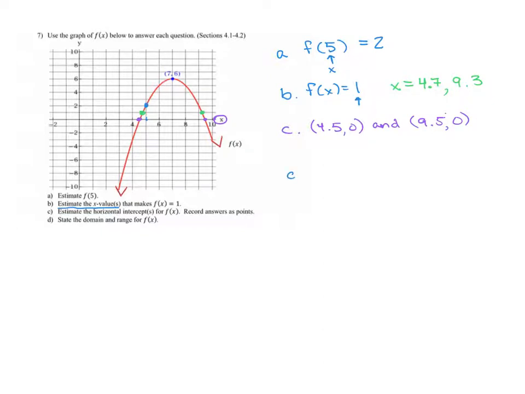And the last thing we have is domain and range. So domain, we're going left to right. This arrow here goes forever to the left. This arrow here goes forever to the right. And so we are looking at a domain of negative infinity to positive infinity.